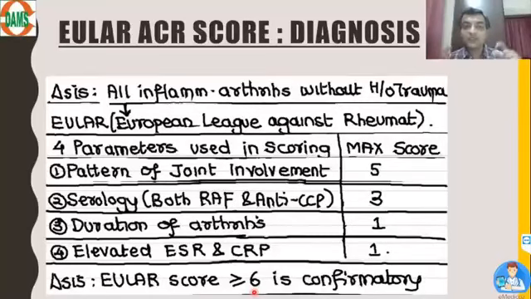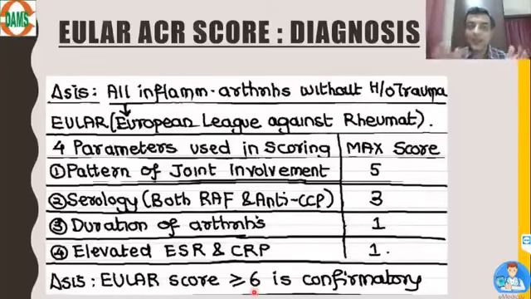The previous criteria we studied in SLE, the SLICC criteria, required you to count the number of manifestations present. But the updated version is a score. You give points for each manifestation and count the total. In the new updated criteria of SLE, a score of more than or equal to 10 confirms SLE.